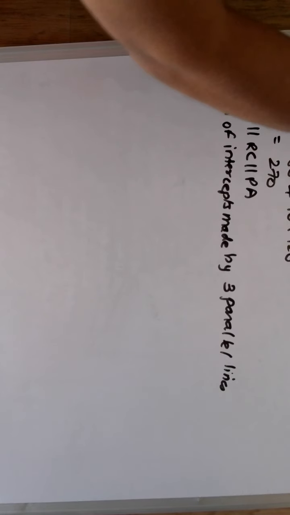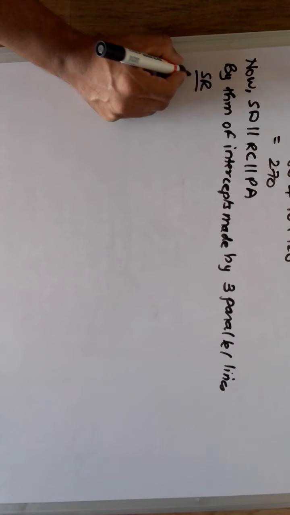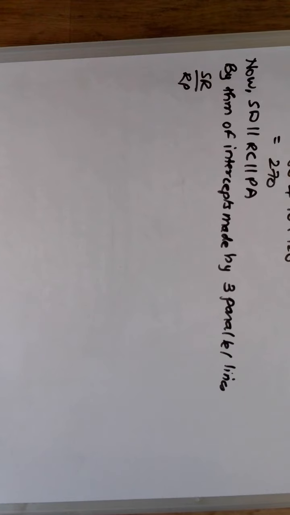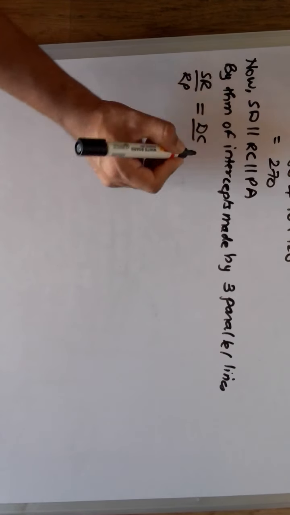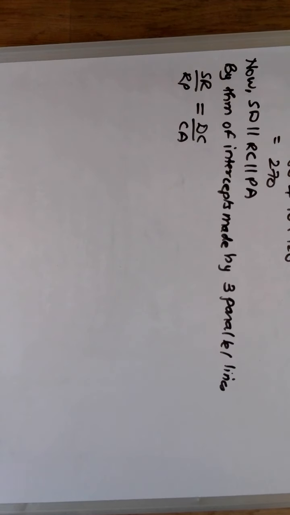Because this line and this is the third line, that means first part is here, second part is this. SR is to RP, okay, equals to what? DC is to CA. Got it?